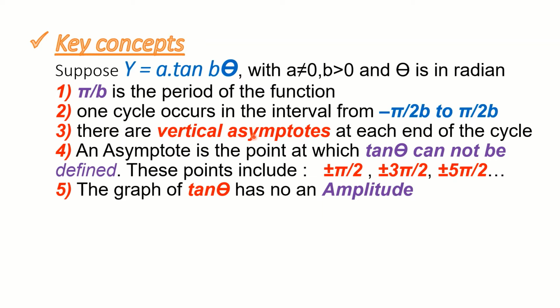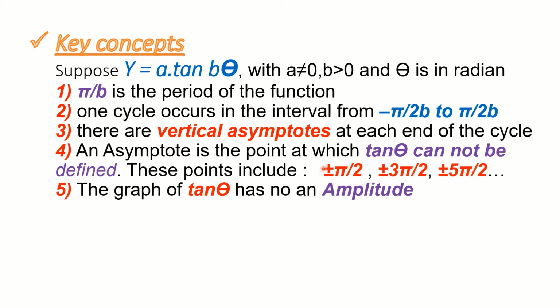There are vertical asymptotes at each end of the cycle. An asymptote is the point at which tan theta cannot be defined. These points include plus or minus pi over 2, plus or minus 3 pi over 2, plus or minus 5 pi over 2.